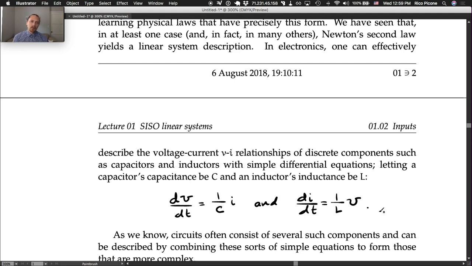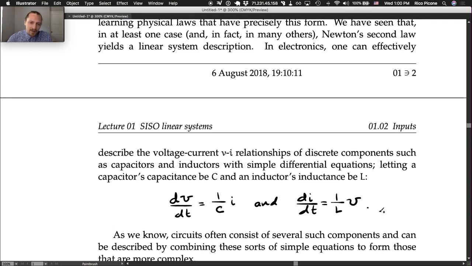And in fact, when we combine these with the algebraic relationships that arise when you apply Kirchhoff's laws, right? Voltage and current laws, then you're able to develop larger but still linear ODEs in most cases.